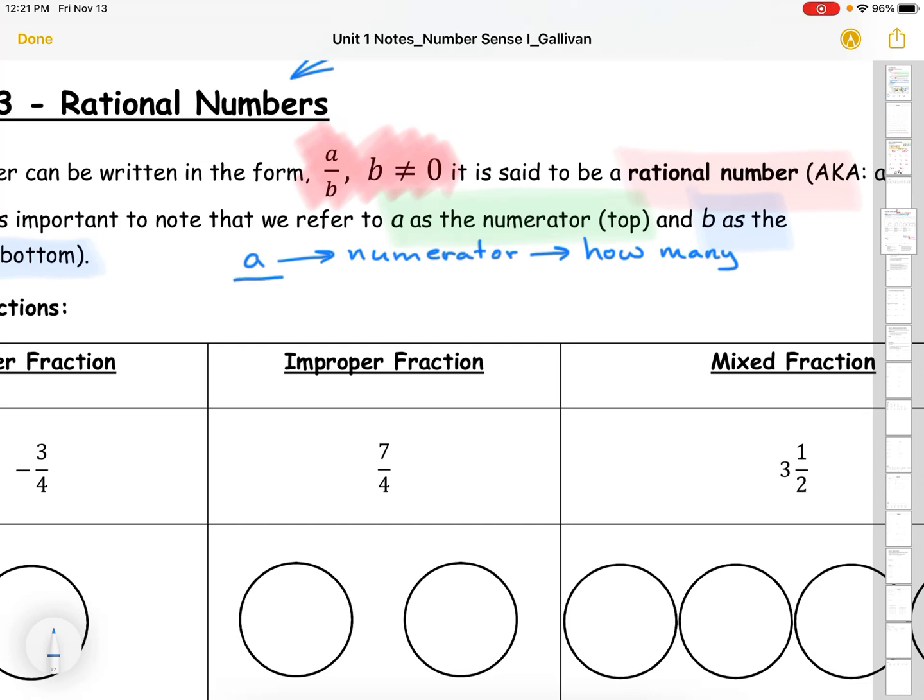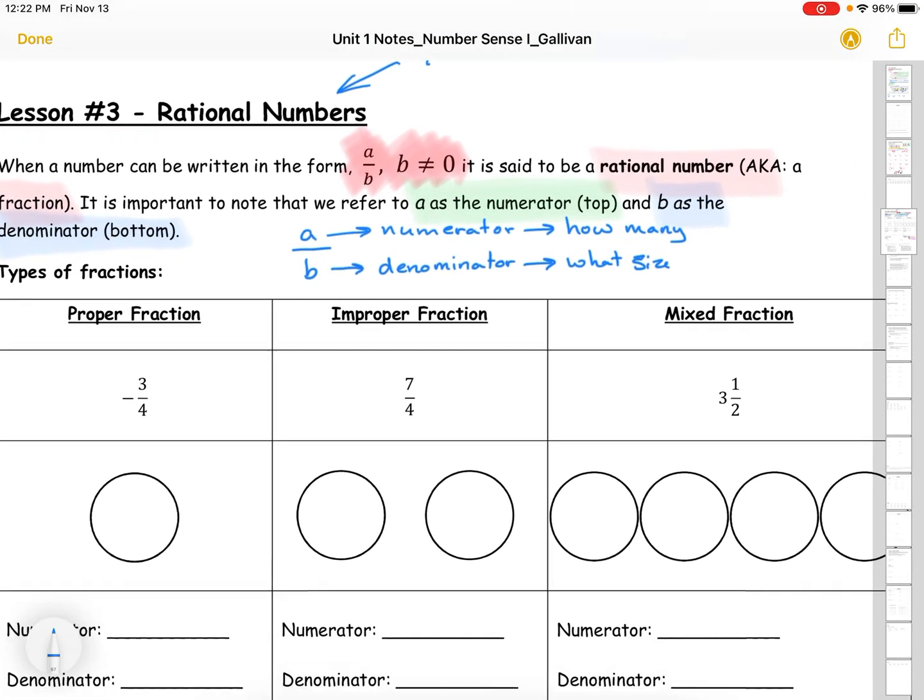And we have it over b, which is the denominator, and that's talking about what size the parts are. So b really talks about the size of the parts, where a talks about how many we have.